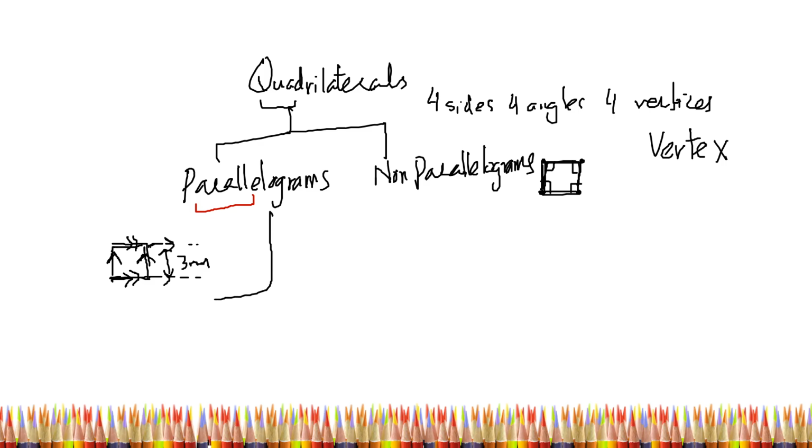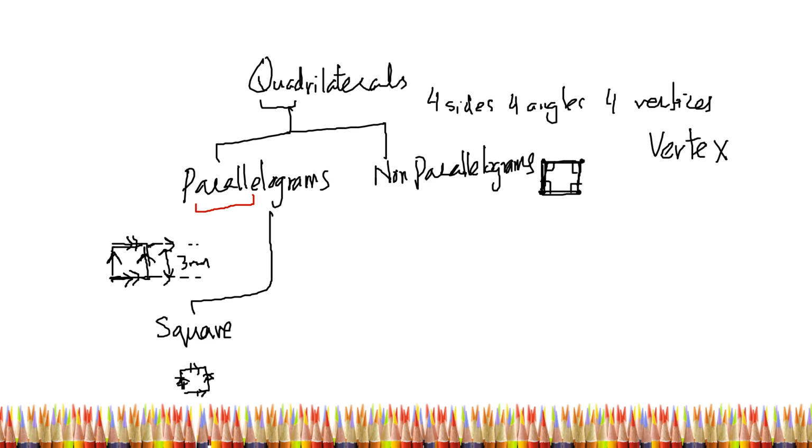For example, if I take simple example again of square. Square is a parallelogram. Why? Because in a square the opposite sides are equal, plus they are also parallel, they never meet. If you look at the two opposite sides, they never meet.